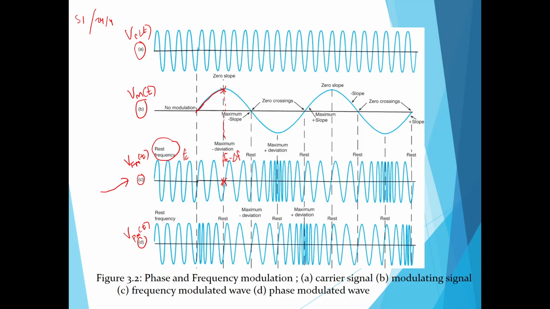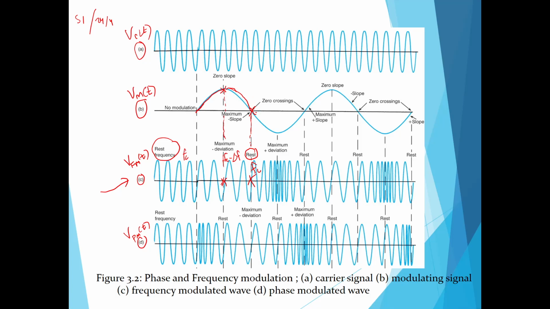Okay, and then the input message signal moves towards the zero crossing, or the x-axis. At this point, what happens to the carrier frequency? The carrier frequency would be at rest frequency. What is rest frequency? Rest frequency is Fc, the original frequency.